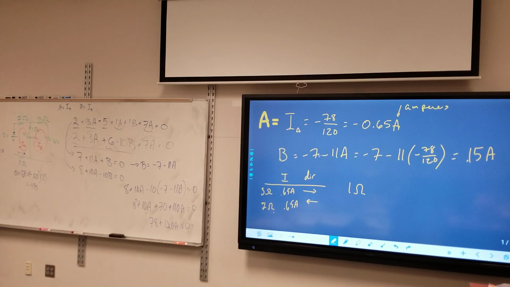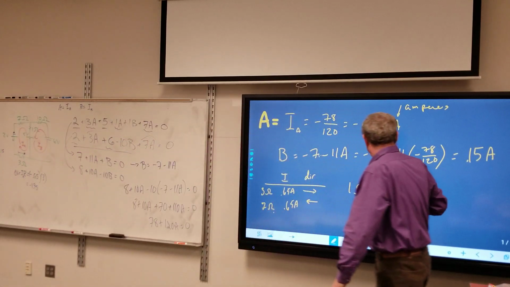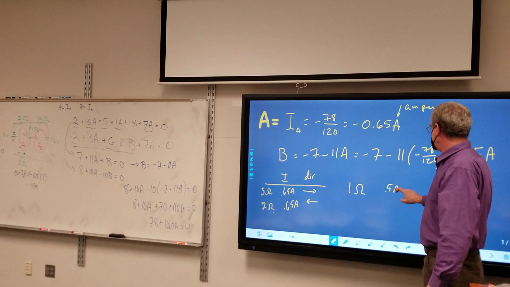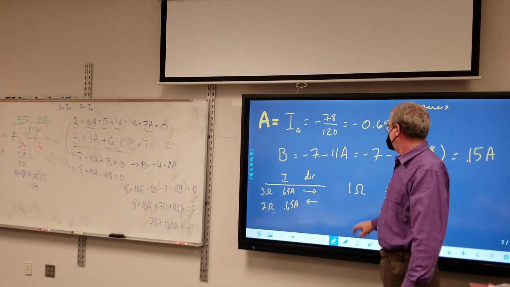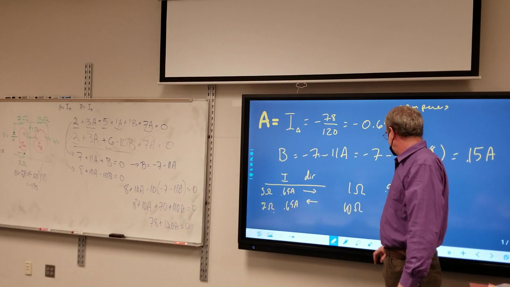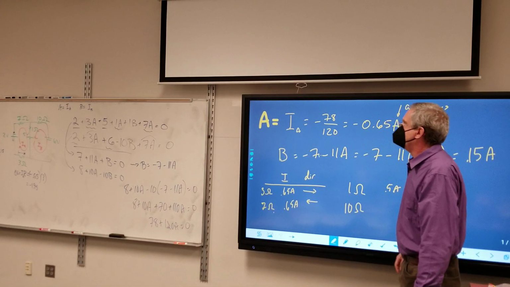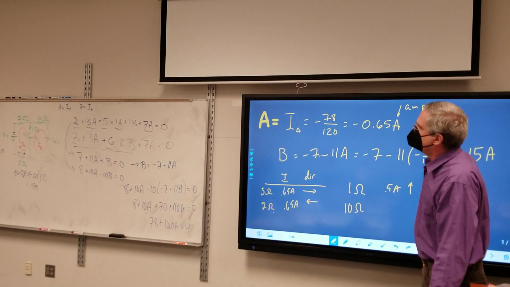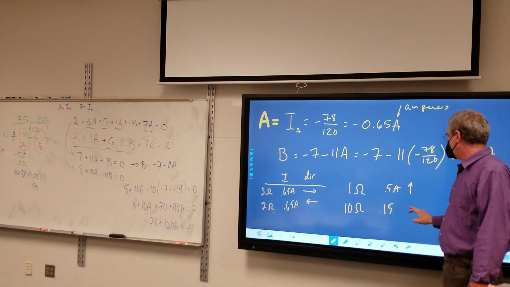So what's the net current? Like 0.5 amperes up. And the 10 ohm resistor. I said B was going to the left before, I got a positive answer, so 0.15 left.